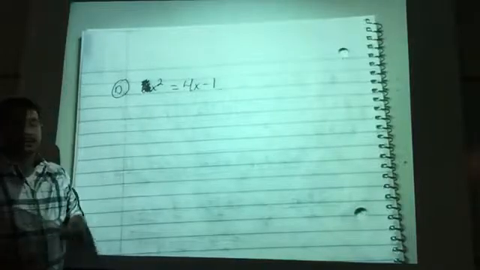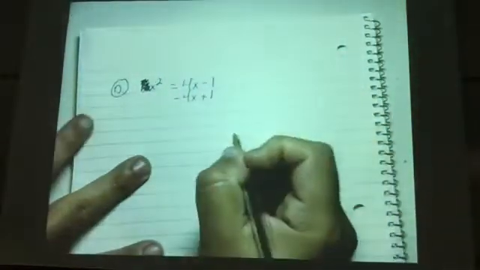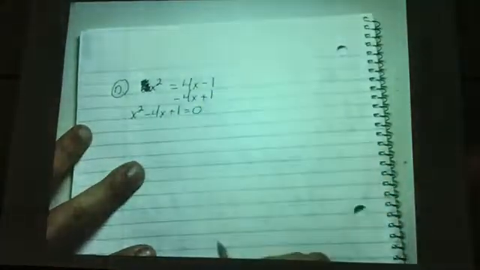If we leave it, it stays as a positive. So we move this over. And how do we move this over? You subtract 4x and add 1. So we have x squared minus 4x plus 1 equals 0.